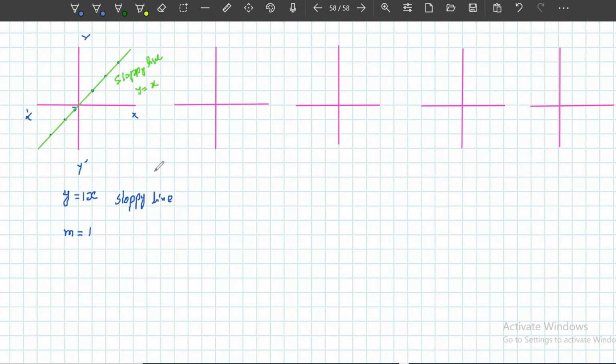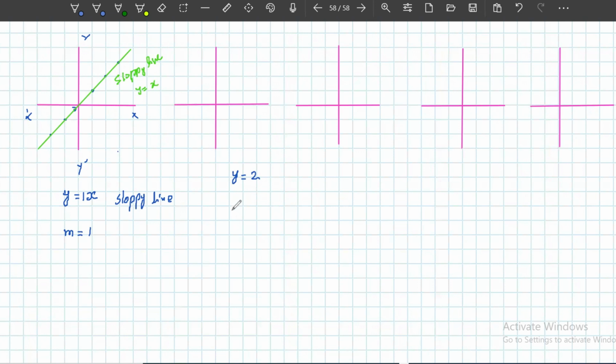Now, when we have a horizontal line or a vertical line, let me give you one example. Let's suppose y is equal to 2. So when y is equal to 2, this is still a line, but in this case the y coordinate is fixed.